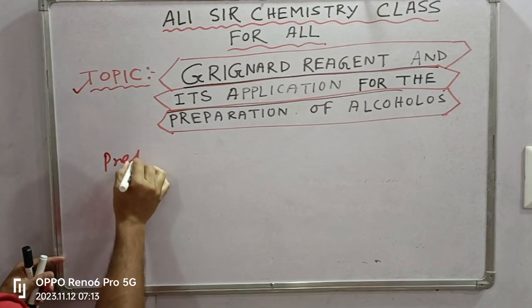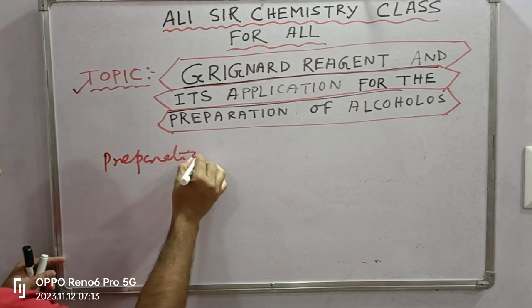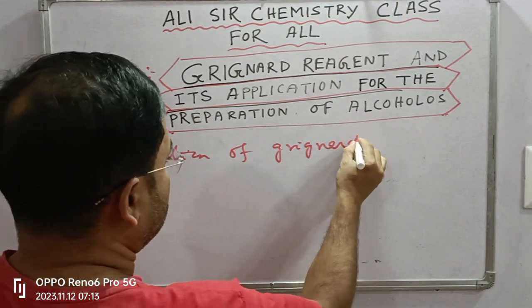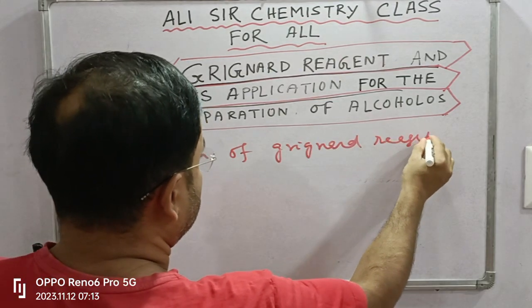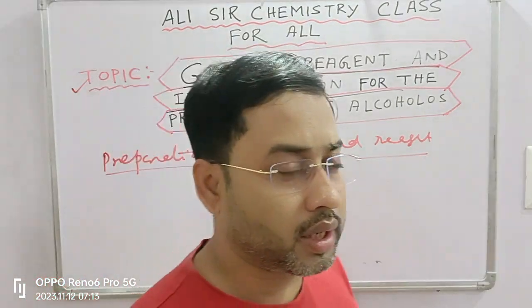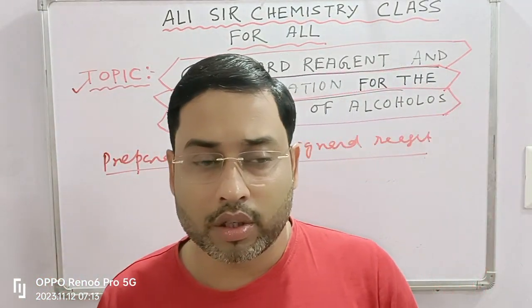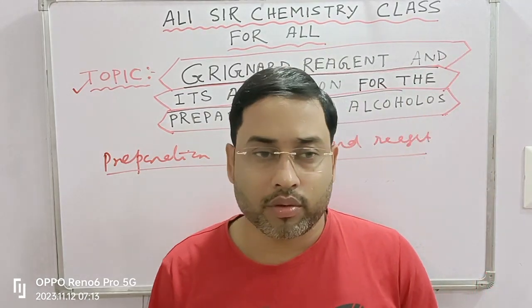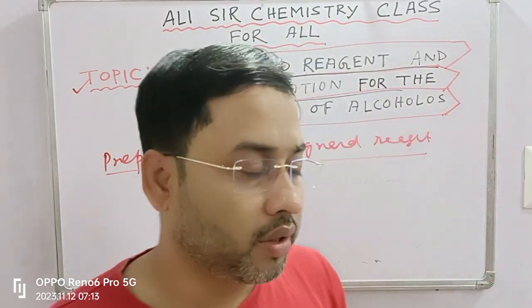So, preparation of Grignard reagent. I have already told you Grignard reagent is prepared from alkyl halide by the treatment with magnesium in dry ether.